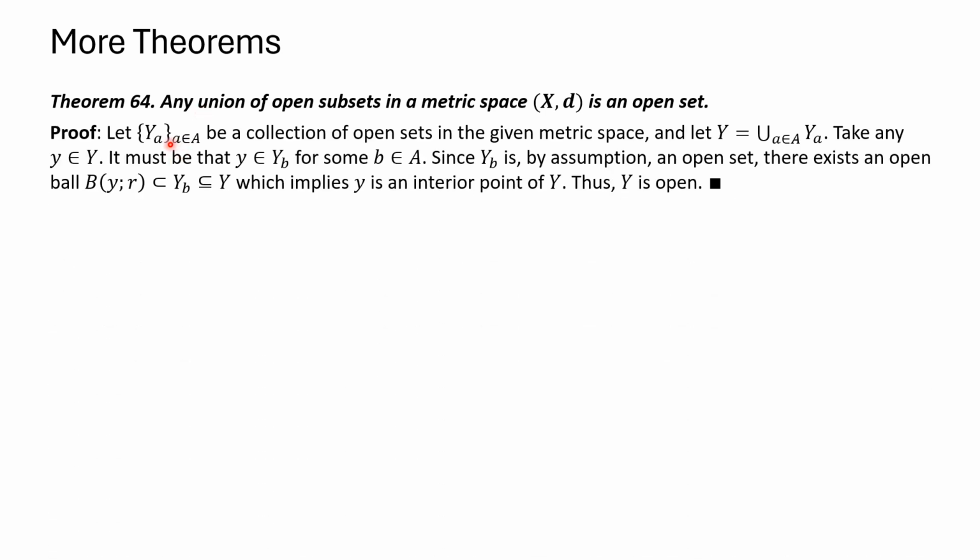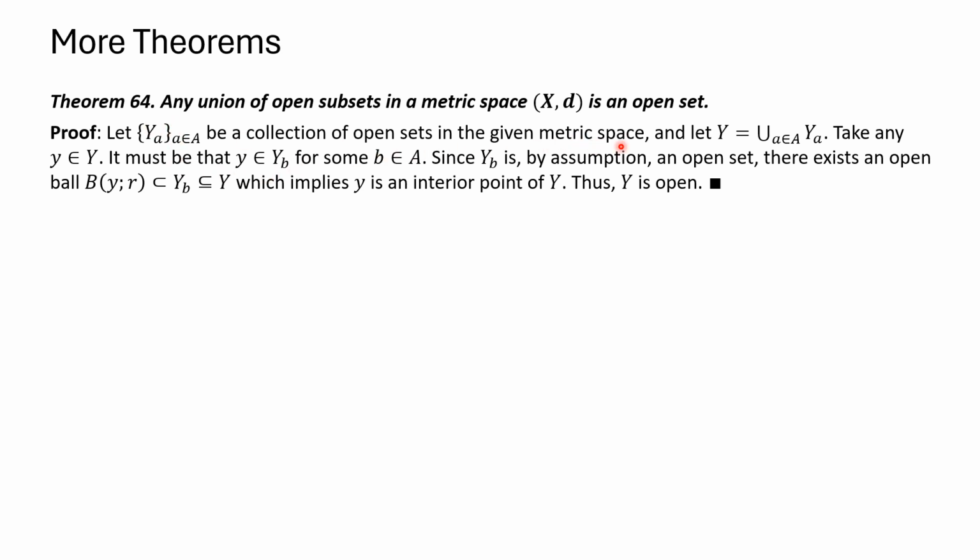So that's why we use this subscripting here with alpha, an element of A. This could be the integers, but it could be the real numbers. So you could have an uncountable number of open sets, and the union is still an open set in the metric space. That's what we want to prove here.